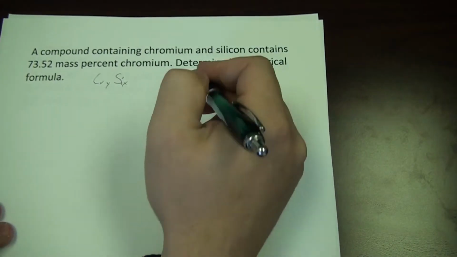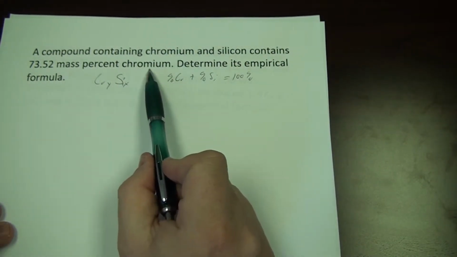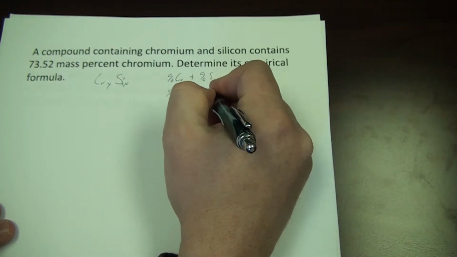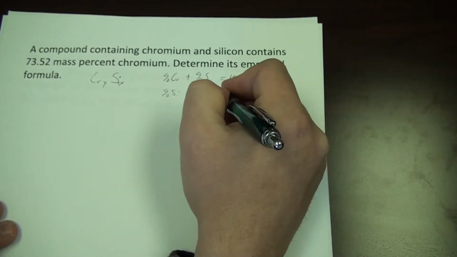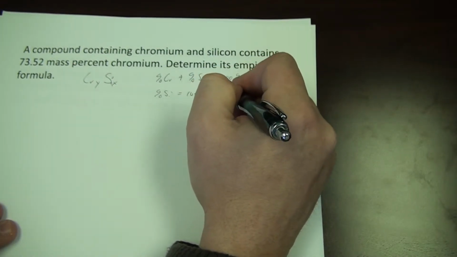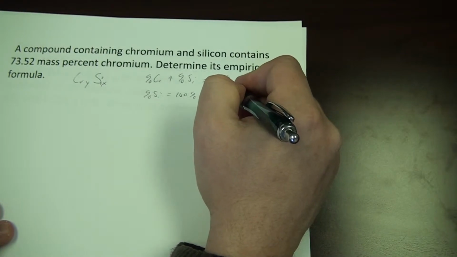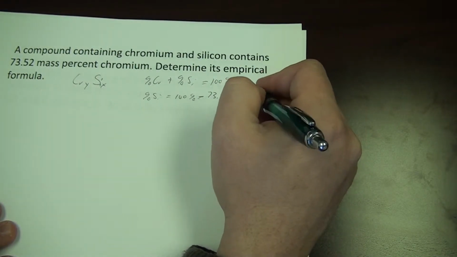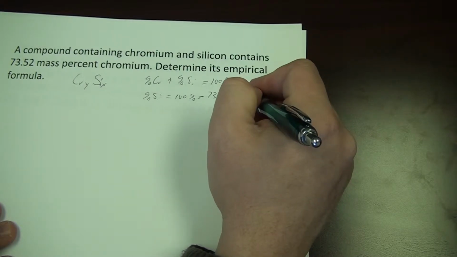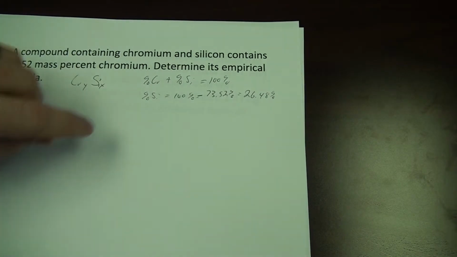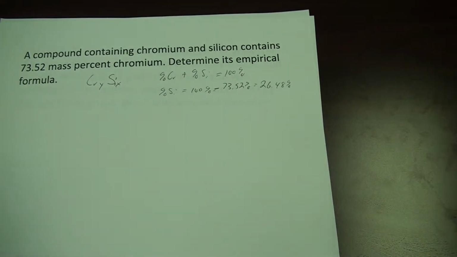So the mass percent of the silicon has to equal 100% minus the mass percent of chromium, which is 73.52%, which gives us a mass percent for silicon of 26.48%.